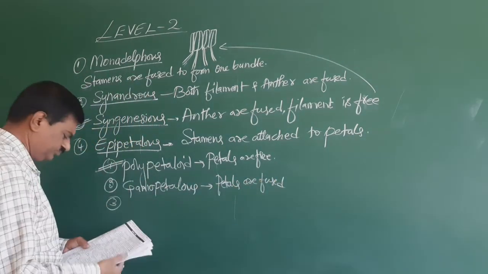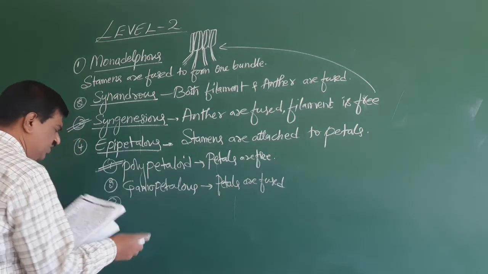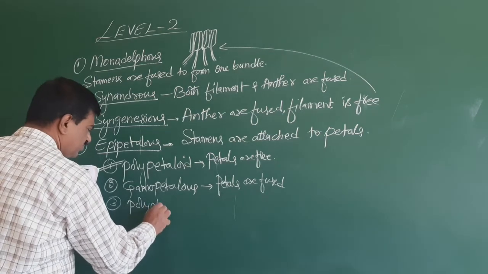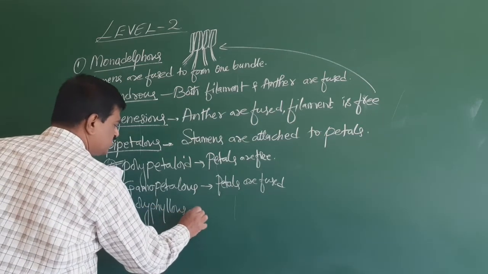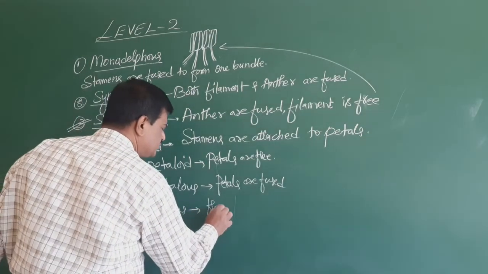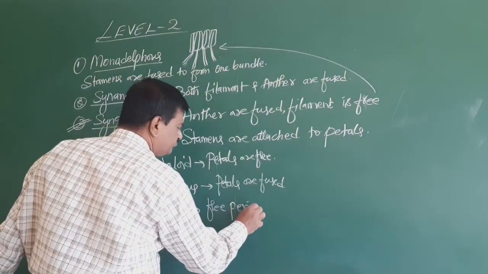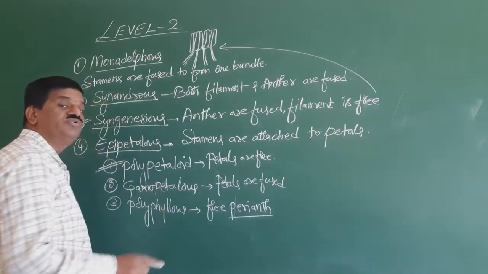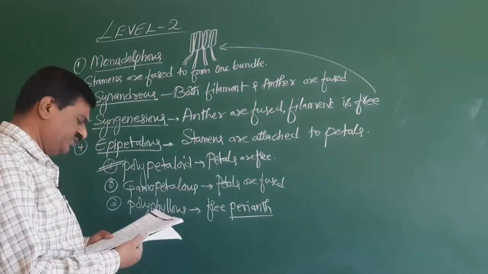Third option, Polyphyllous. Here in polyphyllous, there is a presence of free perianth. Sepals and petals together are called perianth. Here it is free.